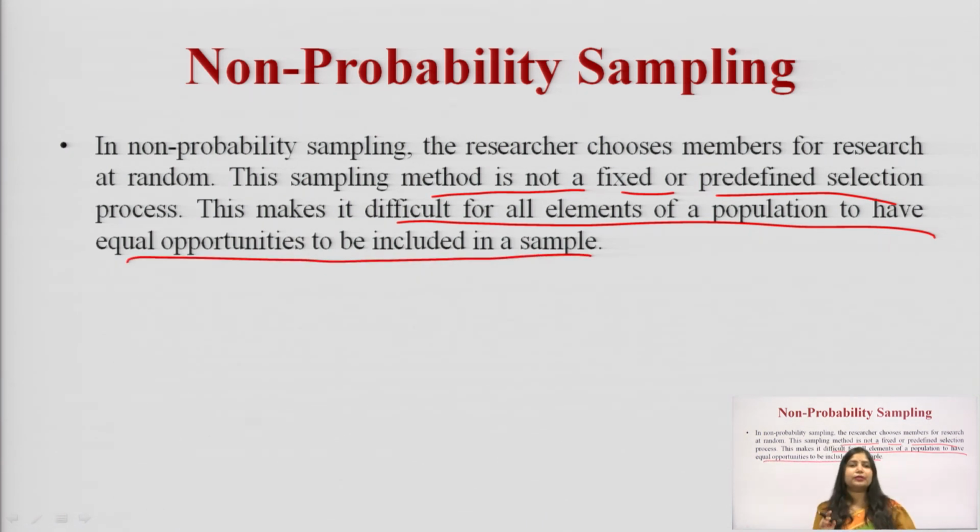There is one basic difference between probability and non-probability sampling. In probability sampling, all members of the population get an equal opportunity to be part of your sample. But in non-probability sampling, all members of the population may not have an equal opportunity to be included in your sample. When there is no equal opportunity, that type of sampling is non-probability sampling.